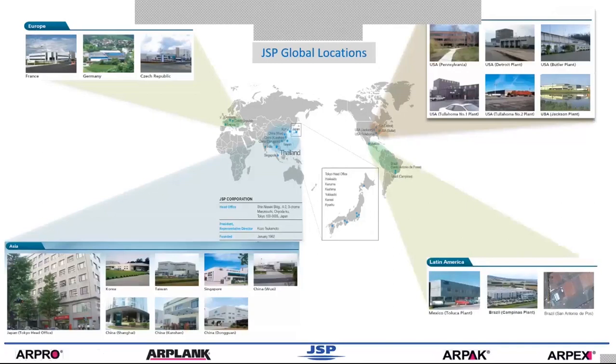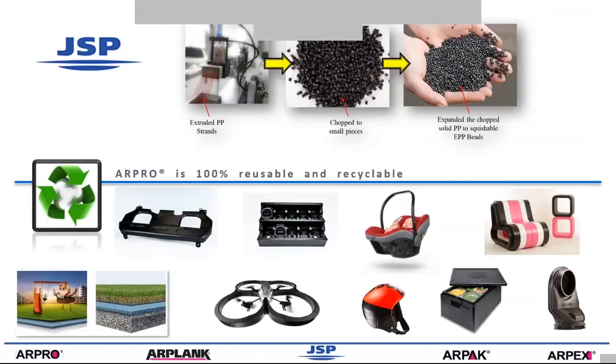A little bit of introduction of what we actually do. JSP is a leading manufacturer of EPP, which is expanded polypropylene. Our brand name is ARPRO. You can see on the bottom the different product lines that we have. We are a raw material manufacturer of EPP. This is a polypropylene-based material.